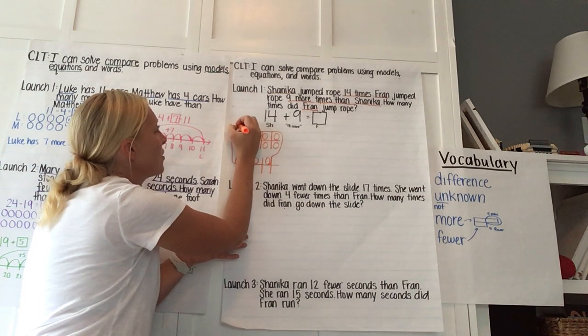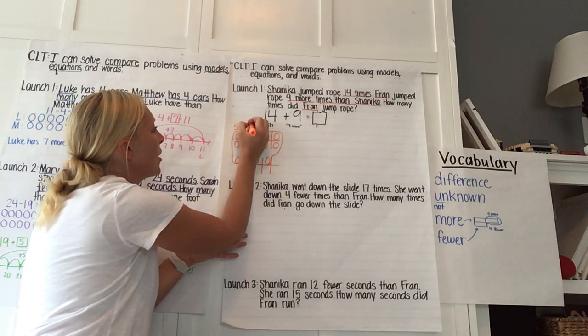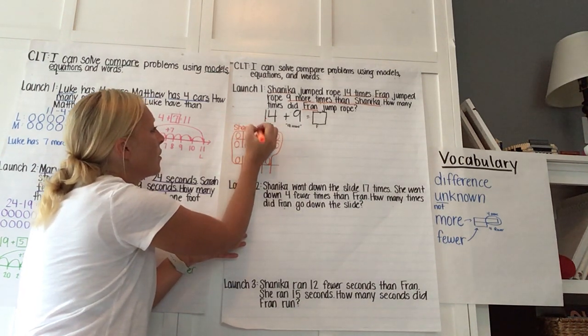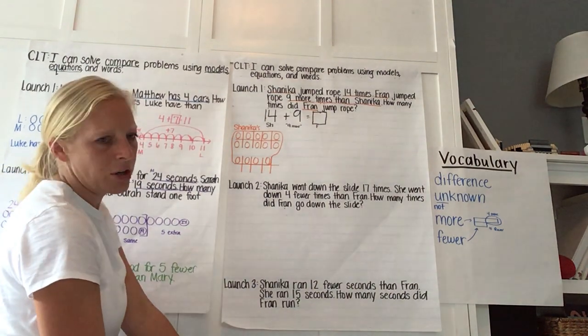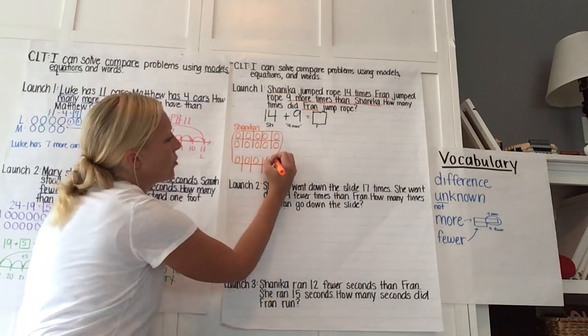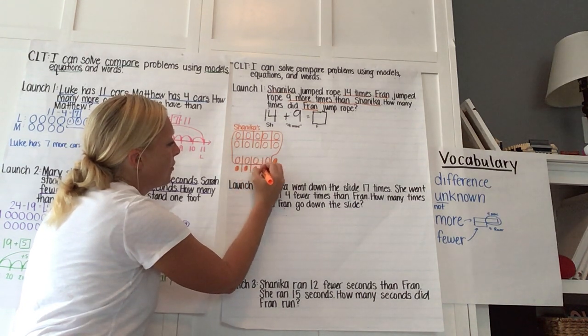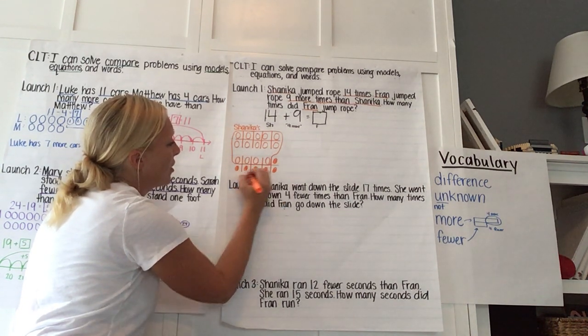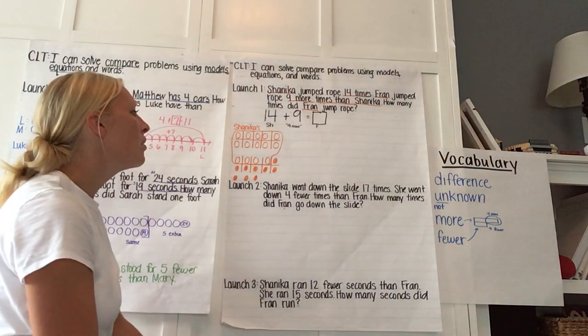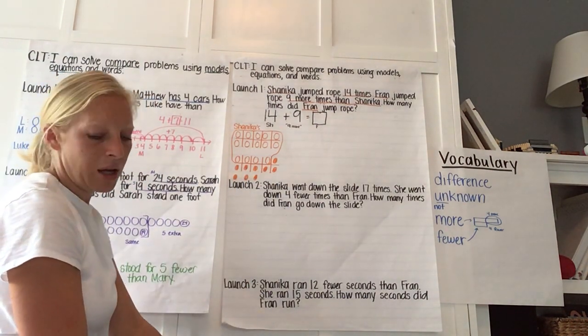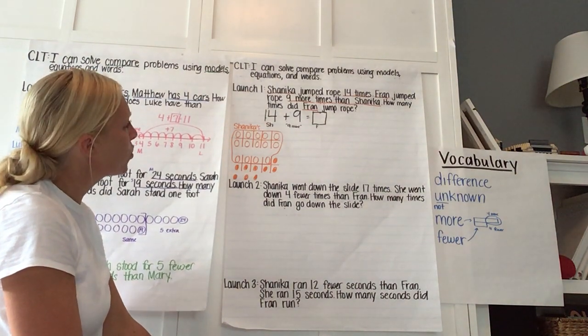That is Shanika's. Okay, and then what did you do? Drew 9 more. 1, 2, 3, 4, 5, 6, 7, 8, 9. Okay, and then what? Where's Fran's work?